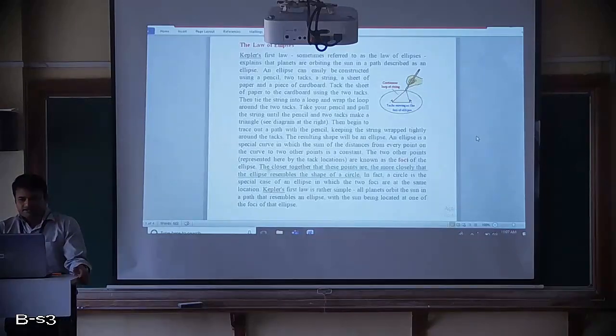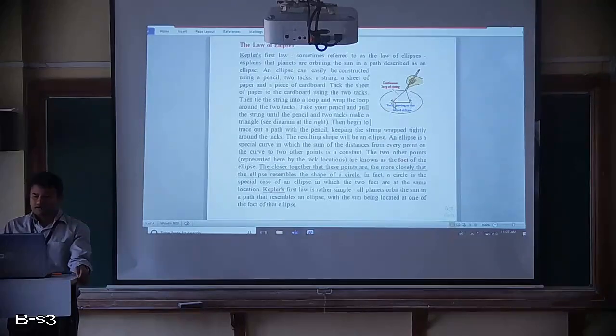For example, you can see here one diagram is given in this presentation. Here two tacks, tack one and tack two, are attached to the cardboard, and using a string they are connected, and both ends passing through these two tacks are attached to the pencil, which is dragged to one side, forming a triangular shape.